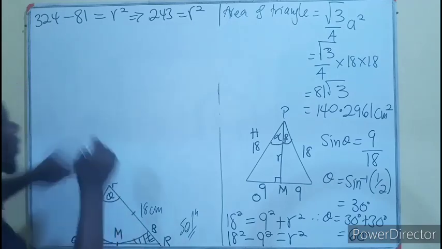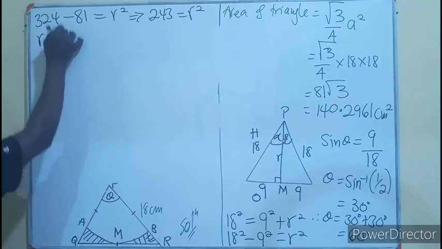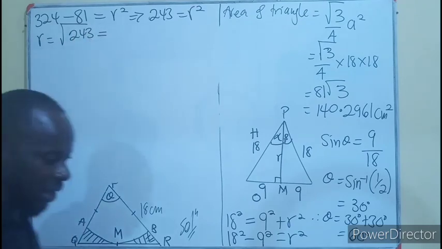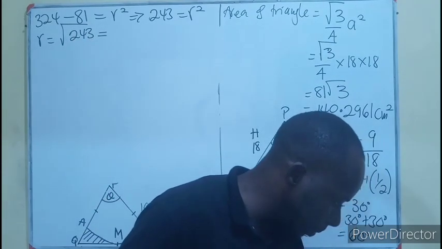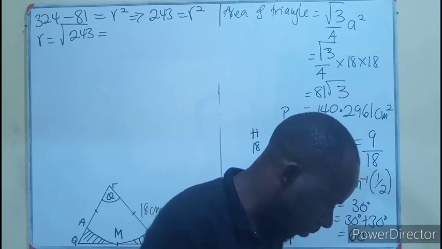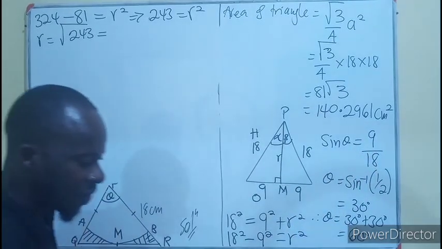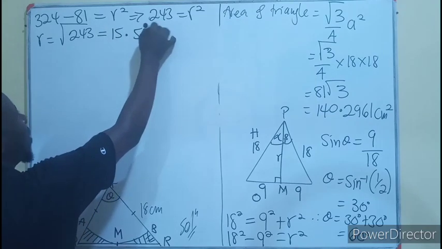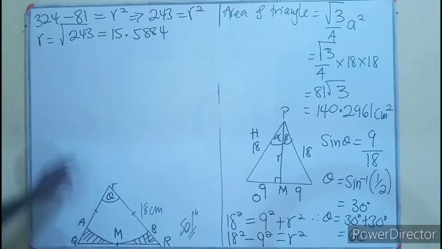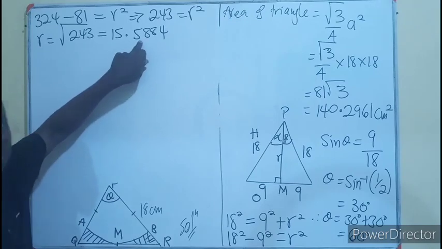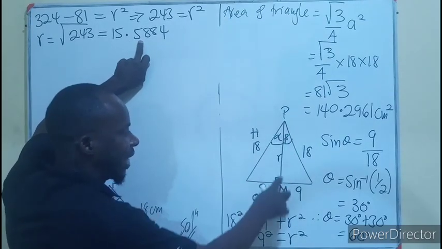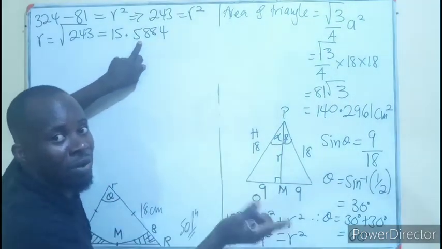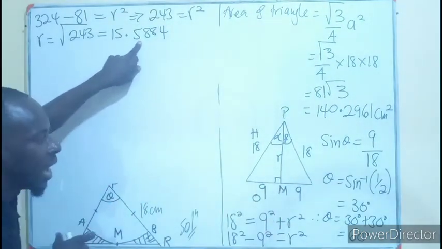But we need the R. Therefore, R will be the square root of 243, and the square root of 243 will give us 15.5884. So this becomes the radius, which is the height of the triangle. We are taking it as a radius because the height and the radius are the same in this diagram.